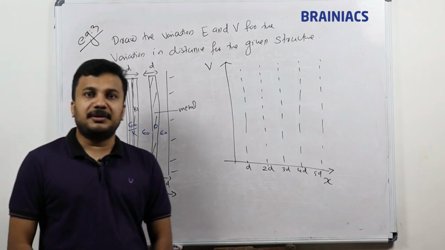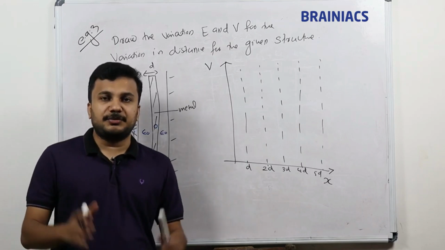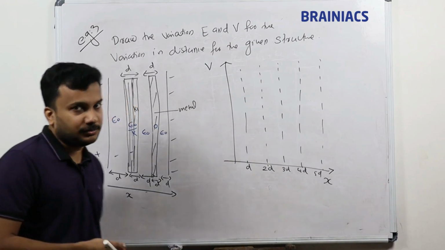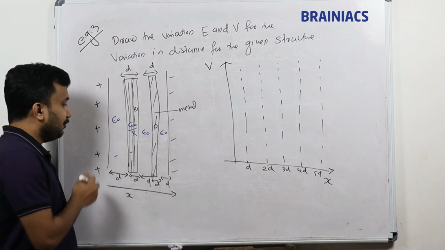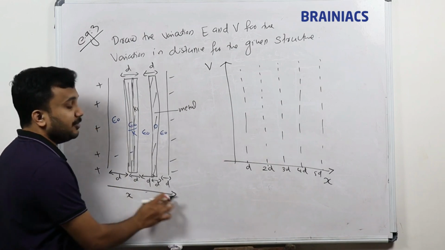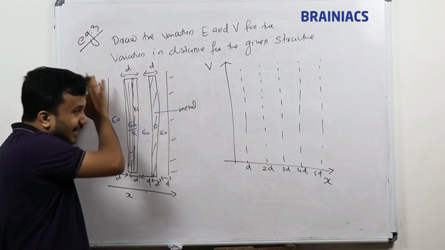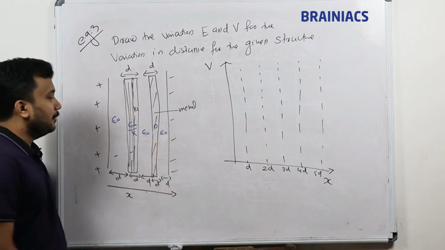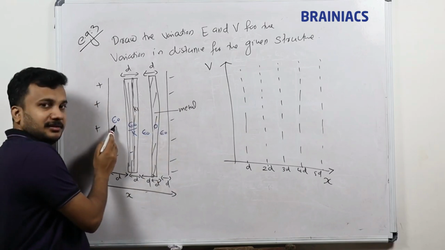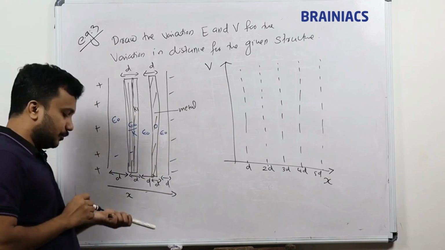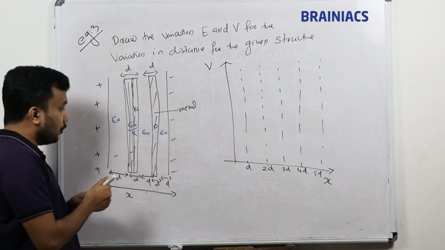But one point you have to remember, we are going from left to right, and potential is reducing by a constant value.